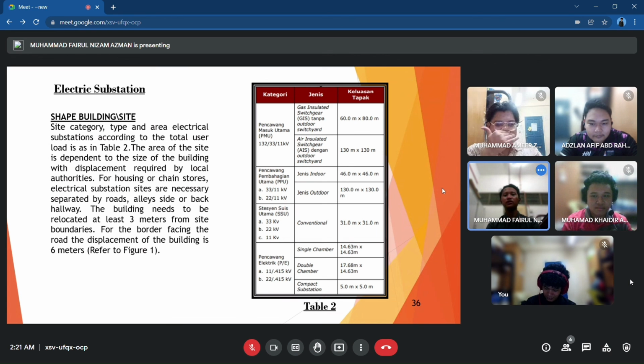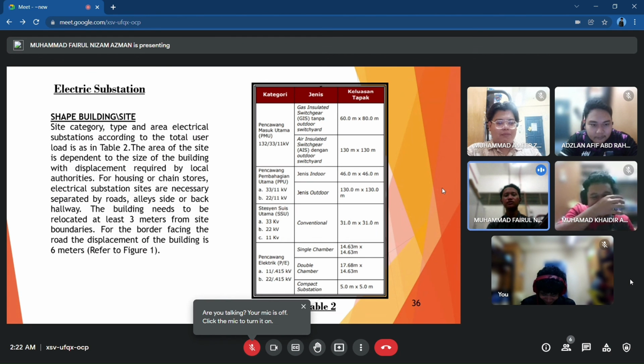For housing or chain stores, electric substation sites are necessarily separated by road, alley side or back hallway. The buildings need to be set back at least 3 meters from the site boundaries. For boundaries facing the road, the setback of the building is 6 meters. Refer to figure 1.